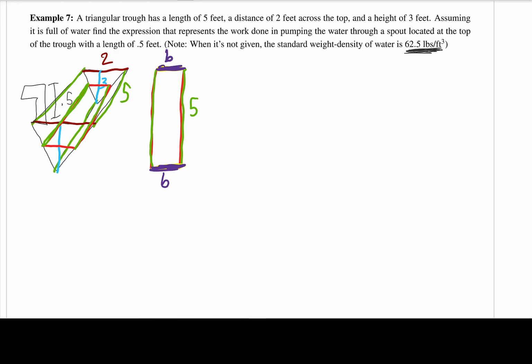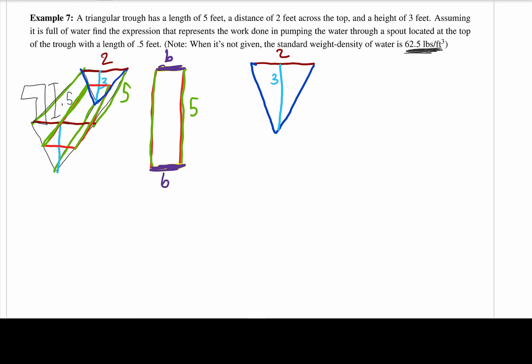Now, let's take one of these triangles. I want to show you what triangle I'm talking about. To do that, I'm going to mark this triangle with blue and blue, and then just draw it out to the side. So this is the same triangle that we're taking out of the tank. We know that this is 2.